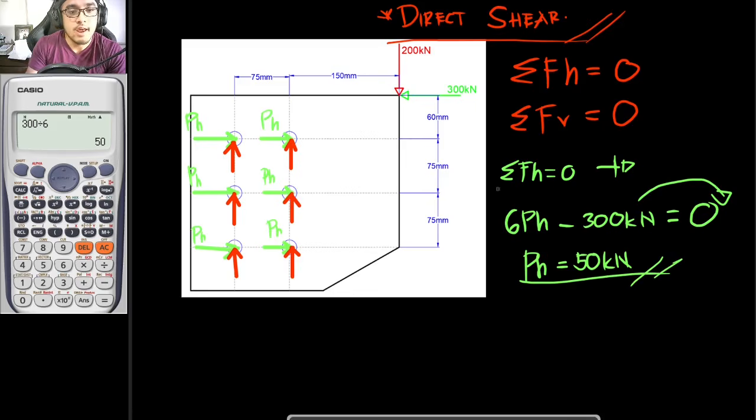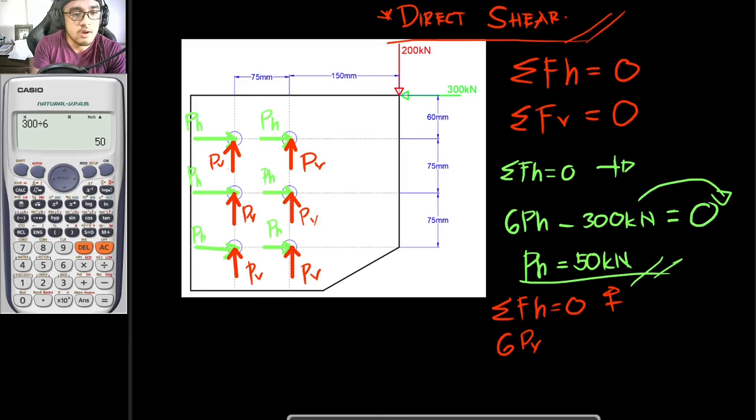And for our PV, let's say that this is to be PV or the vertical force. Summation forces vertical is equal to 0, and let's assume that upwards is to be positive. So we have 6 PVs. As you can see here, 1, 2, 3, 4, 5, 6.